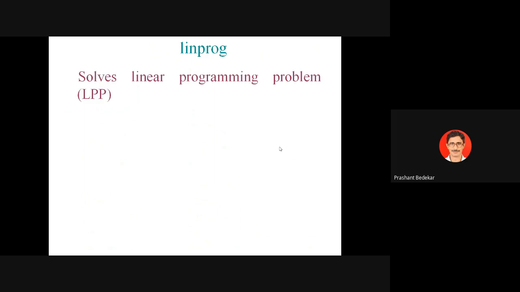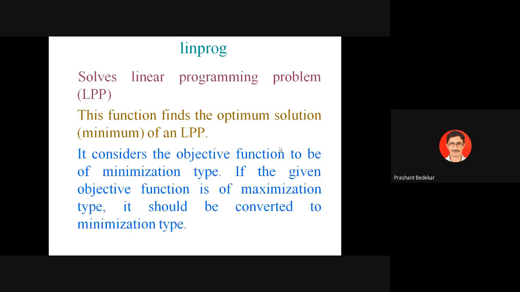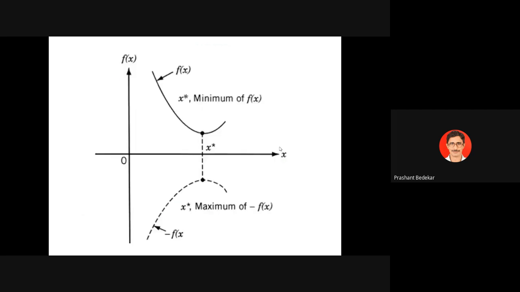I have already told that this function finds the optimum solution, that is the minimum, of a linear programming problem. Important: it considers the objective function to be of minimization type, as I said earlier. If the given objective function is of maximization type, it should be converted to minimization type.